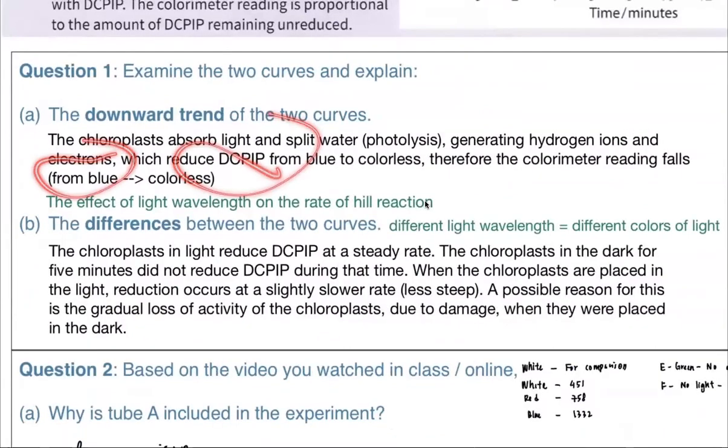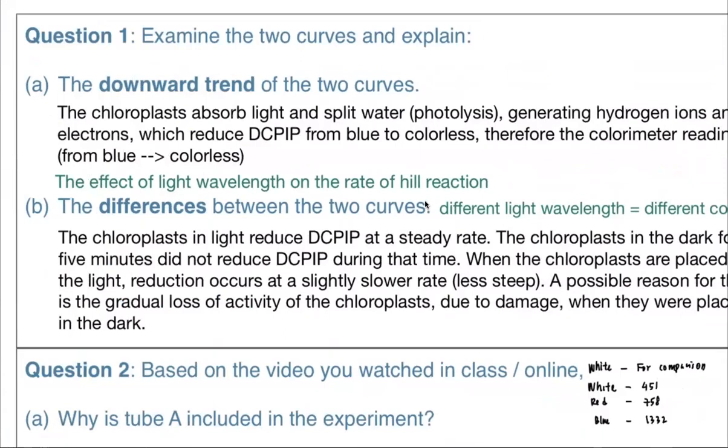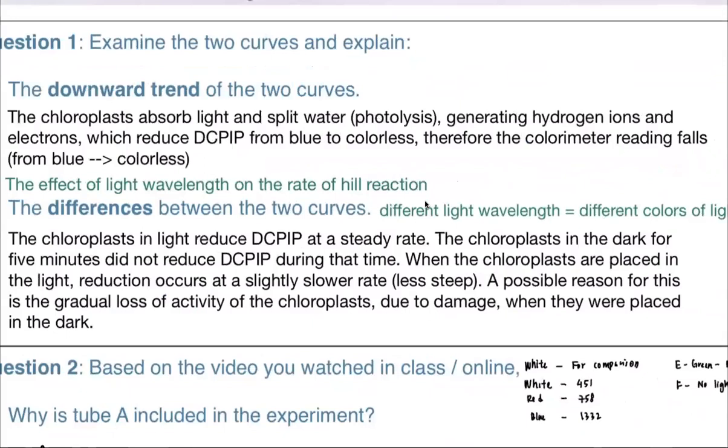This electron reduces DCPIP, forming a product which is colorless. Okay, so that would be the explanation.